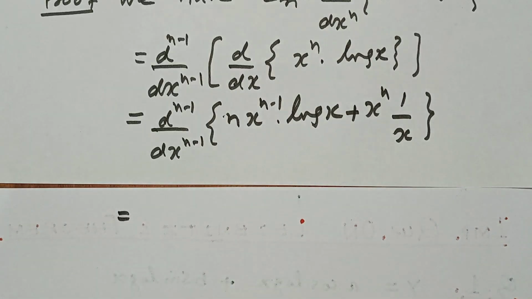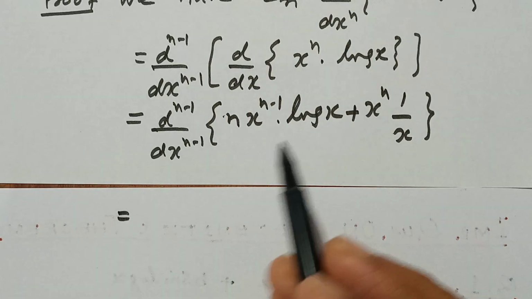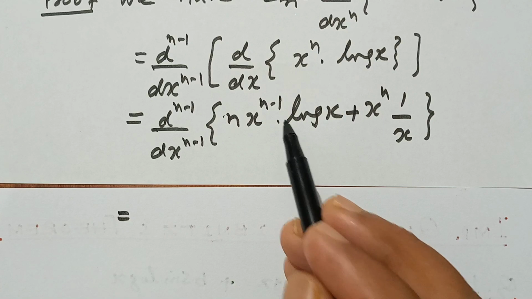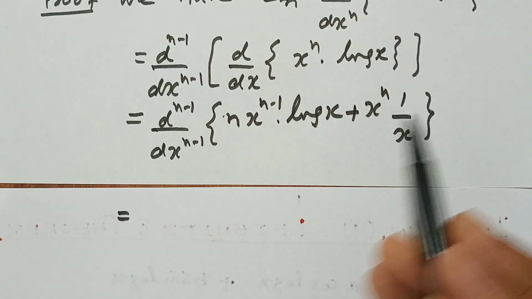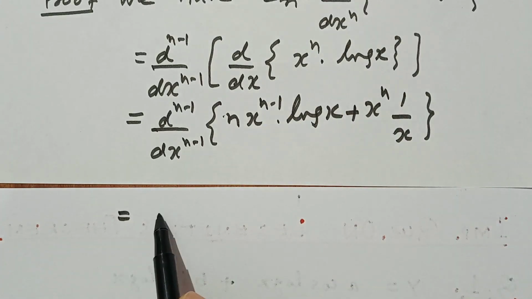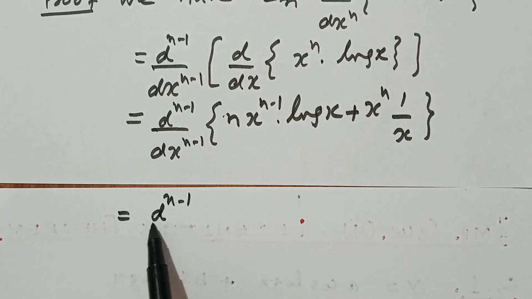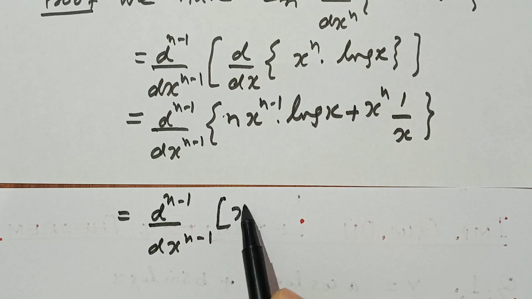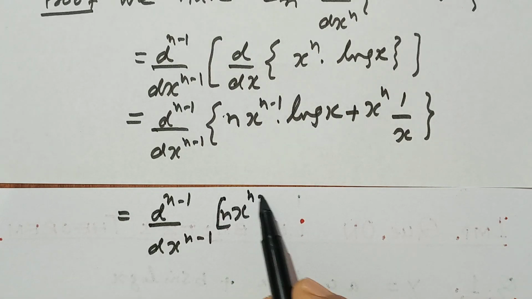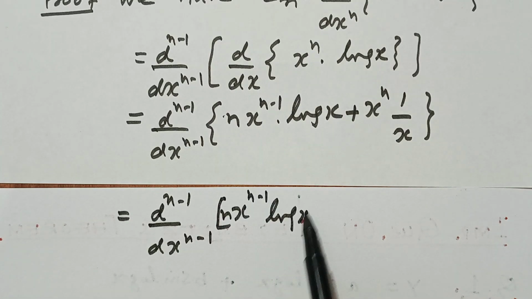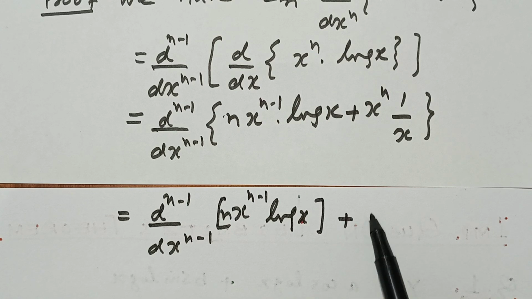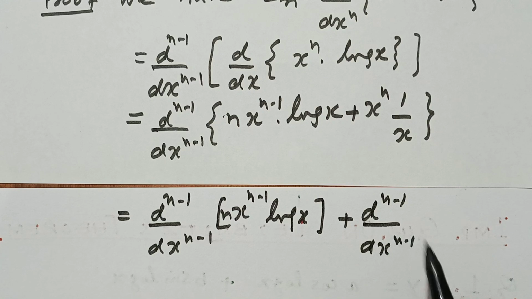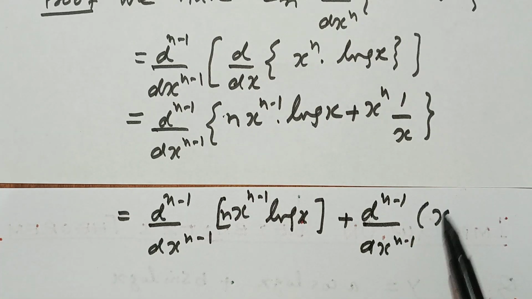Now differentiation also possesses the property of algebra, meaning the derivative of a sum of functions is the sum of derivatives. So we can write here d^(n-1)/dx^(n-1) of n x^(n-1) log x, plus d^(n-1)/dx^(n-1) of x^(n-1).